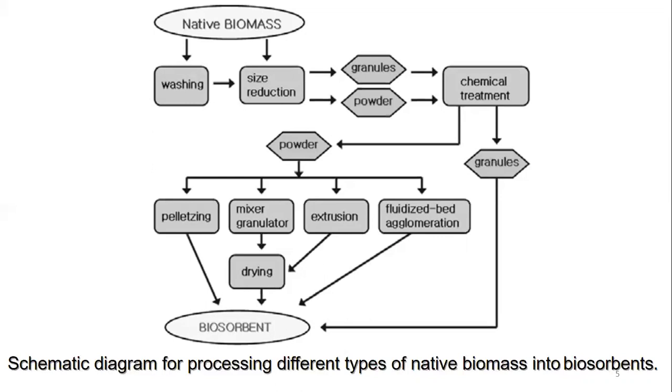When it is completely dried and there is no water inside it, then we reduce its size by crushing and grinding it. After size reduction, we get some granules and some powders.